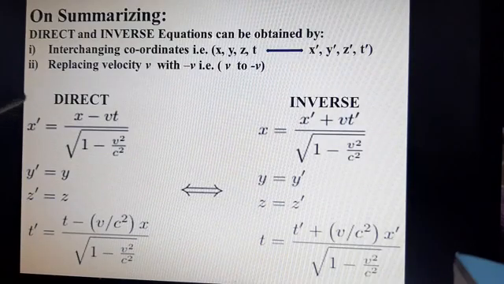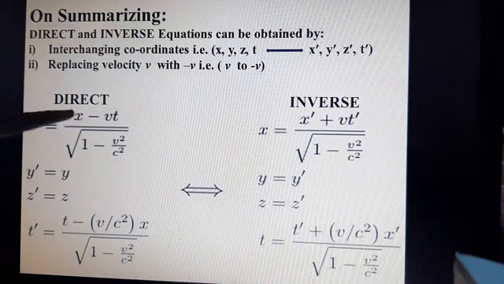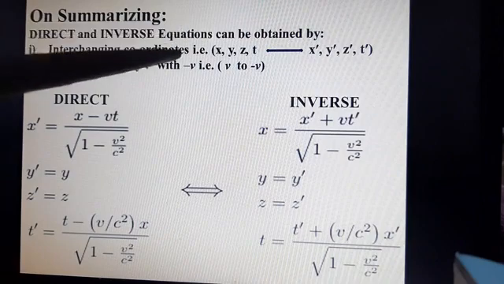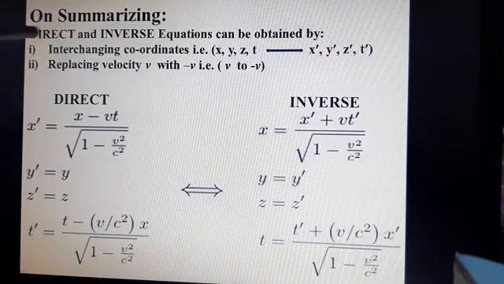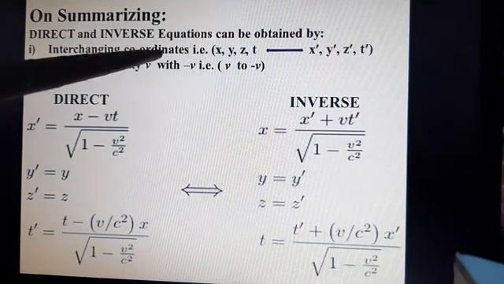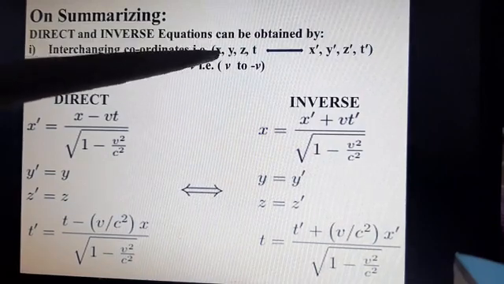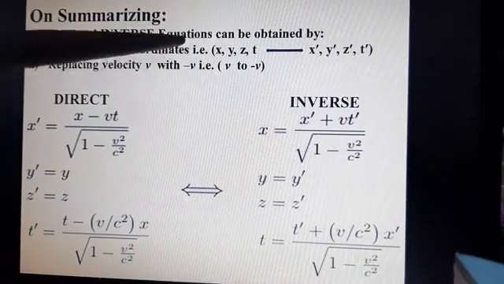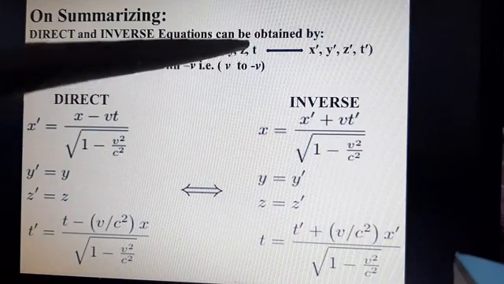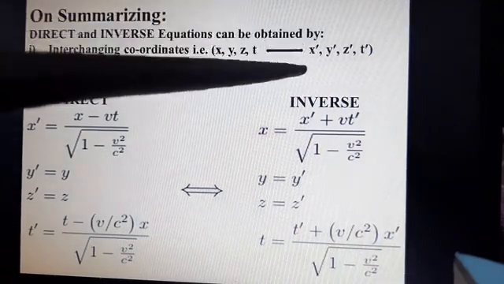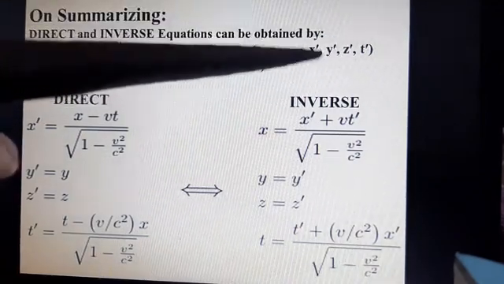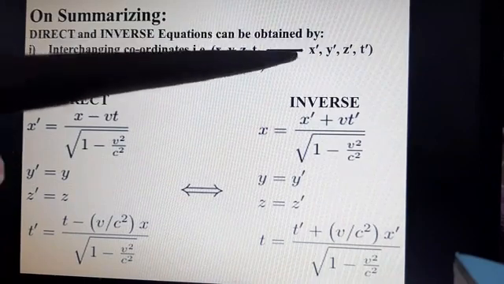So on summarizing, direct and inverse equations can be obtained by interchanging coordinates, that is, the coordinates of a point in the first frame, x, y, z, t, with x dash, y dash, z dash and t dash and vice versa. Both can be interchanged.